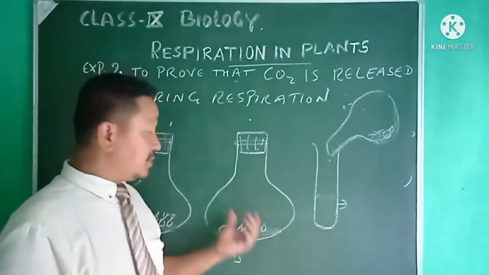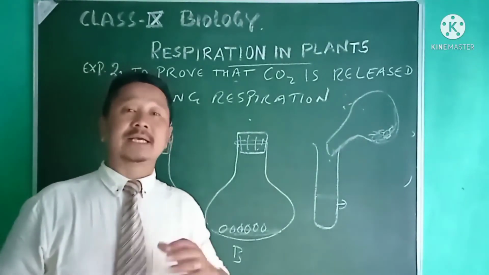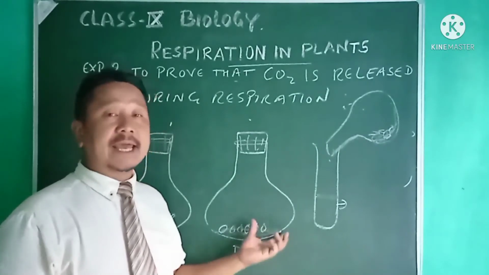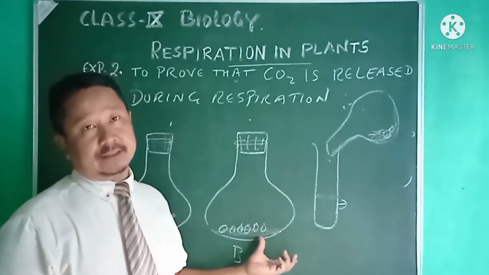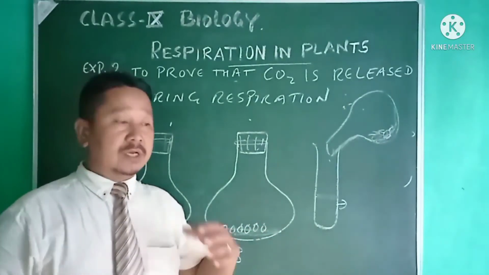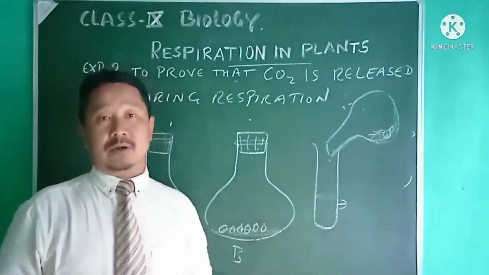After killing them, they need to be treated again with an antiseptic like carbolic acid, so that no bacterial activity takes place. Otherwise, again the same thing will happen: the bacteria will respire using oxygen and release carbon dioxide.